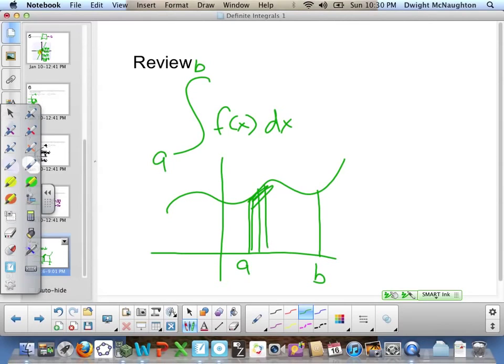We're accumulating these rectangles, just like we accumulated before, from left to right, from a to b. That's our antiderivative, our definite integral.